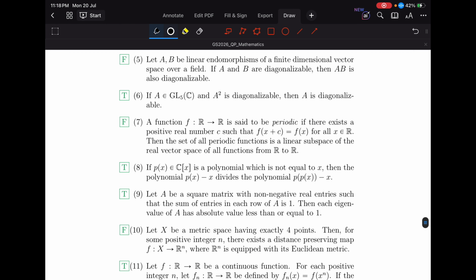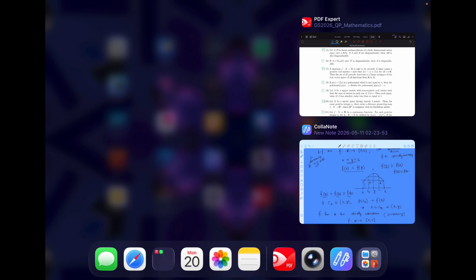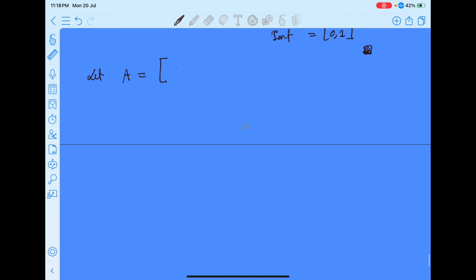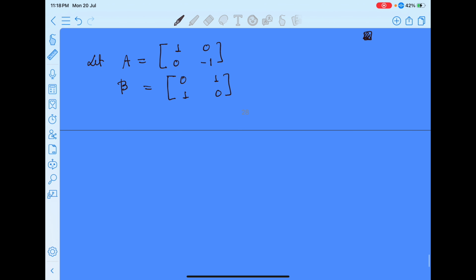Let A and B be linear endomorphisms of a finite dimensional vector space over a field. If A and B are diagonalizable, then AB is diagonalizable. Let A equal [1 0; 0 -1] and B equal [0 1; 1 0].